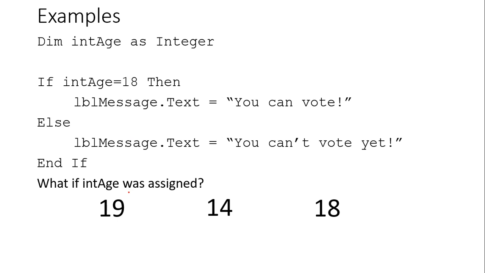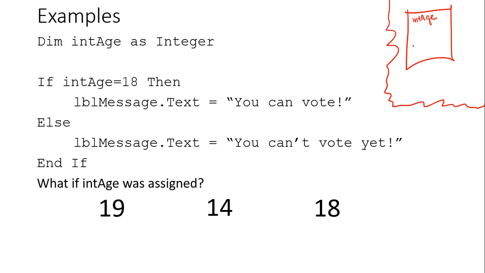So remember what this looks like in the memory of my computer. If I assign int age to be 19, in the memory of my computer, here's my memory over here, there is a box and it says int age, that's its name right here. And then we are assigning 19 into that particular box. So whenever it sees the word int age, the computer has to go into its memory bank, look at int age, notice it's 19, so it's going to scribble out this int age and say, oh, that's 19.